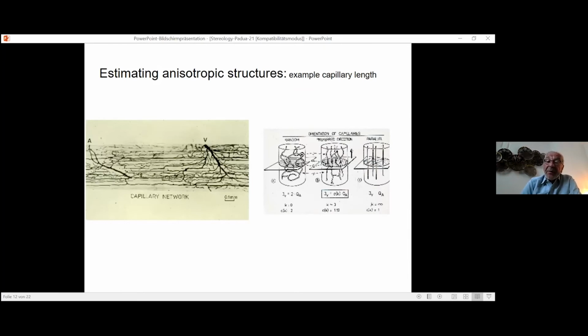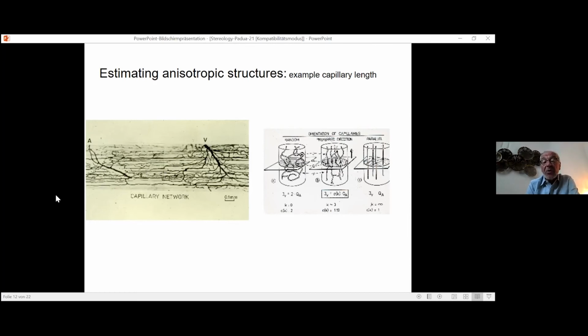Estimating anisotropic structures, and that applies now to any kind of anisotropic structure, be it sarcoplasmic reticulum or in particular capillaries. You see, this is a muscle fiber, the arteriole, the venule, the capillaries in between are mostly parallel, like here, but they're a little bit wiggled.